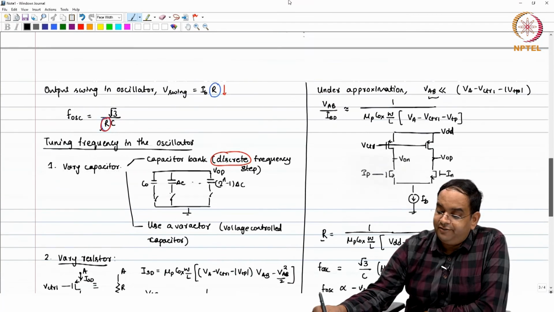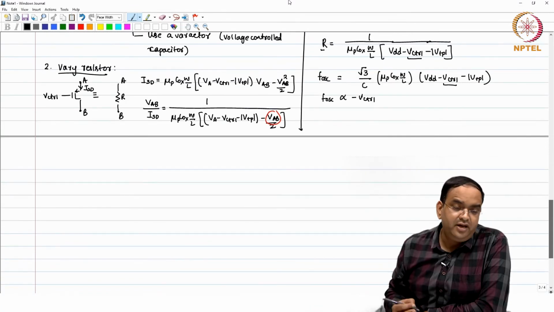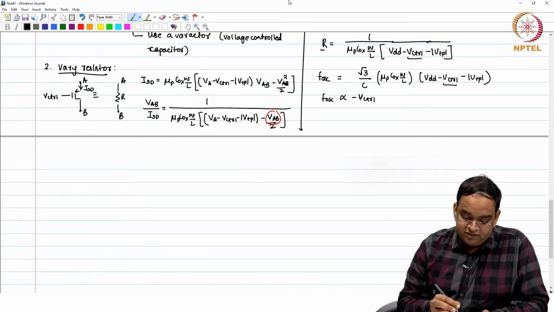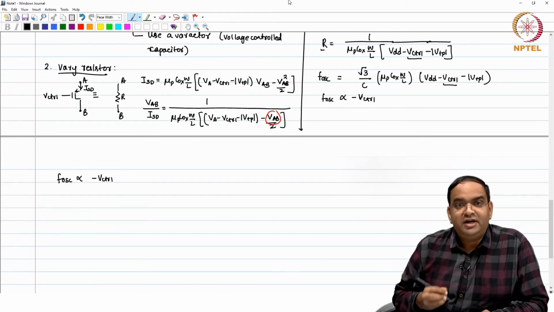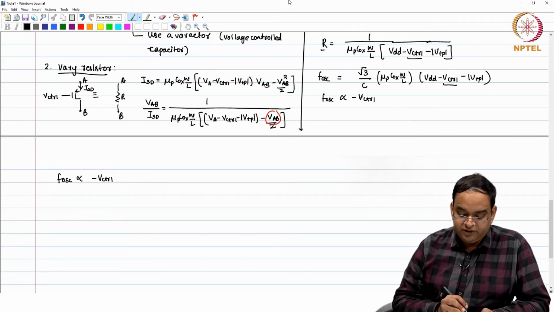And this approximation is valid only if you have a limit on the control voltage, so that you can use the transistor in the linear region. So, now let us see what that limit is. First thing is F oscillator is proportional to minus V control. This is a good thing, that you can vary the control voltage and you can vary the output frequency.